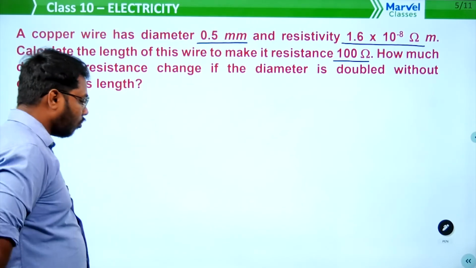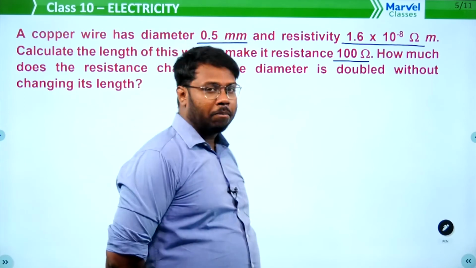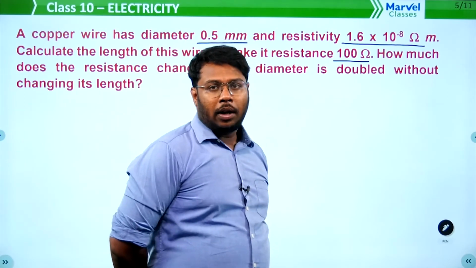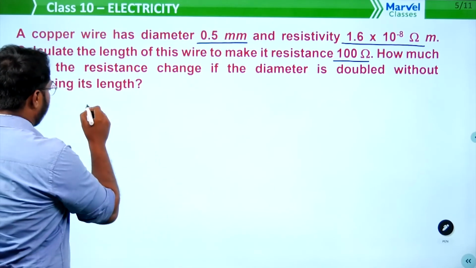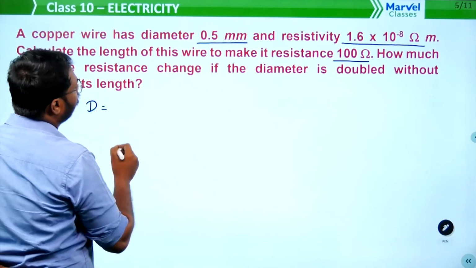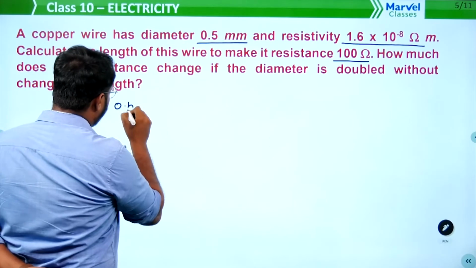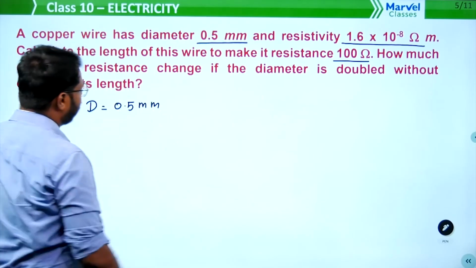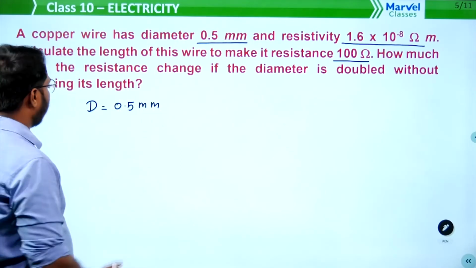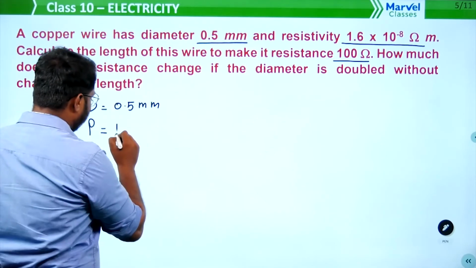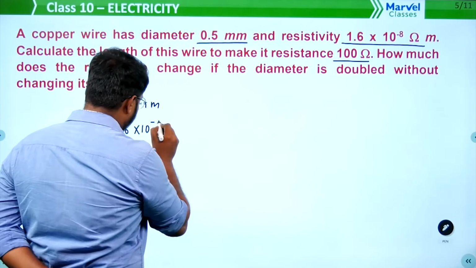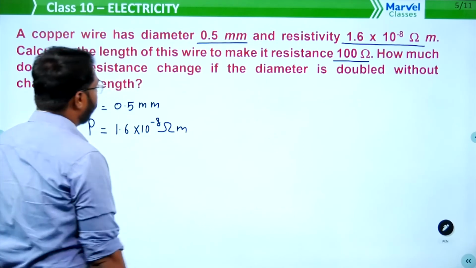Yes. So here it is going to be simple again. Look, the diameter D is equal to 0.5 millimeter, and the resistivity rho is 1.6 into 10 power minus 8 ohm meter.